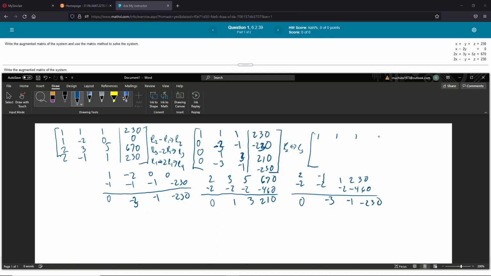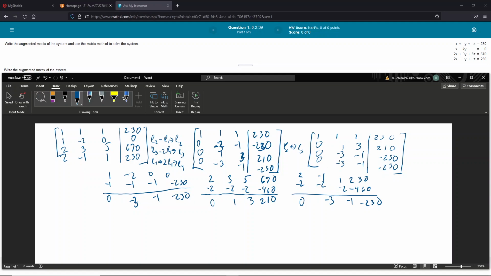So we have 1, 1, 1, 230, and that'll be 0, 1, 3, 210. And we have a 0, negative 3, negative 1, negative 230, and 0, negative 3, negative 1, negative 230. And one thing to note is the last two rows.